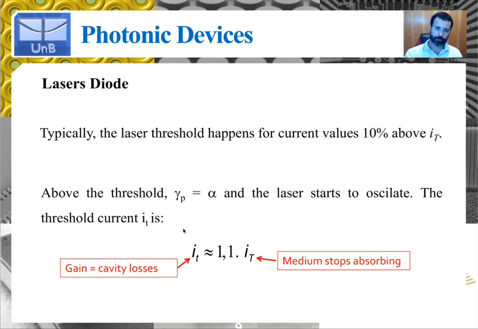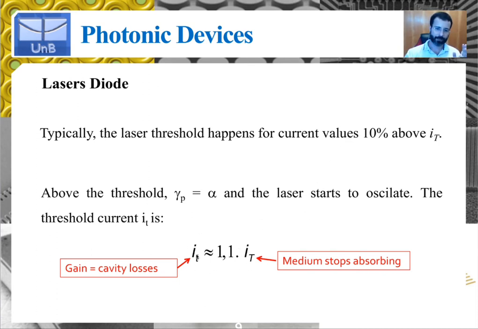And the threshold will occur when the peak gain is actually larger than these losses, or more precisely, the peak gain coefficient is larger than the attenuation constant of the cavity itself, right? And typically the threshold current will happen for current values that are 10% on average above the transparency current.